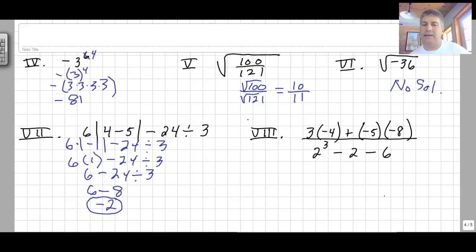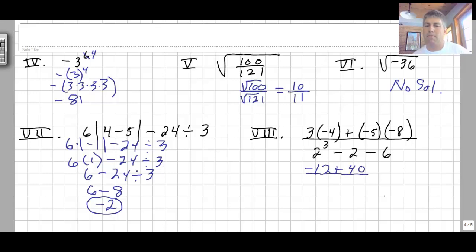Sample problem number 8. I think our final sample problem here. We have a big fraction, we've got some multiplication, we've got some exponents. Okay? So, and it's the quantity of the numerator over the denominator. Let's work with 3 times -4, that's -12, plus 5 times 8. That is going to be plus, because that's a positive 40.